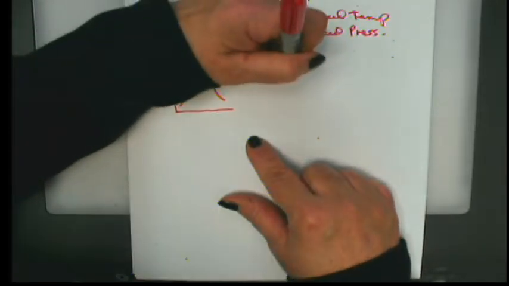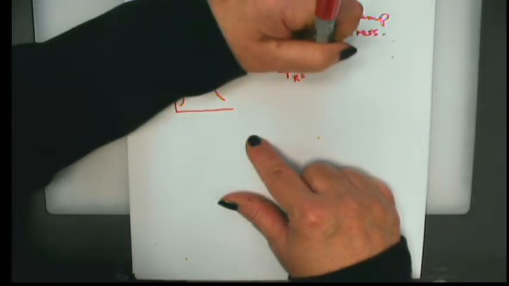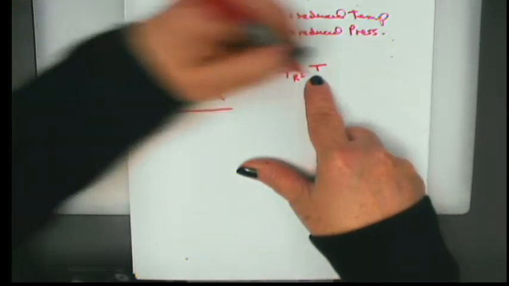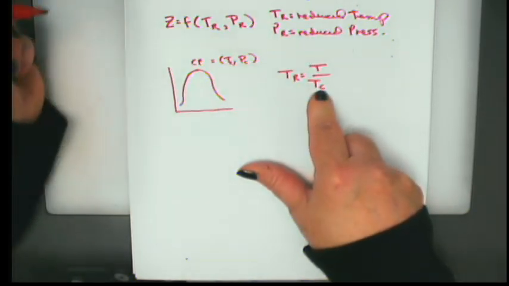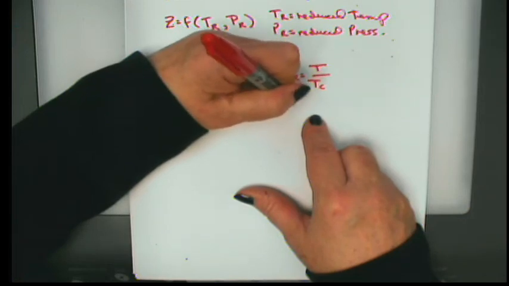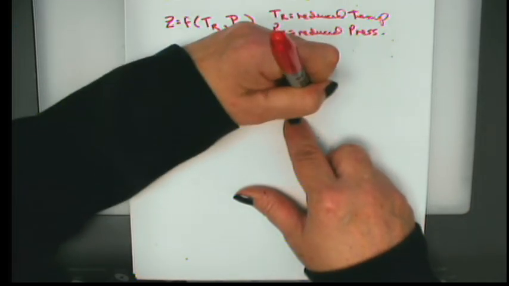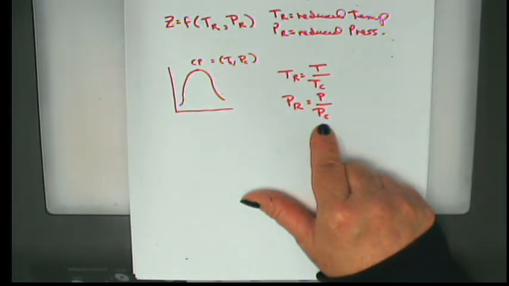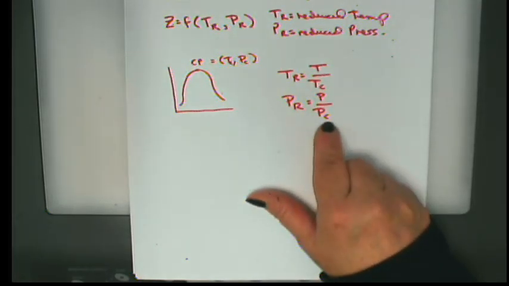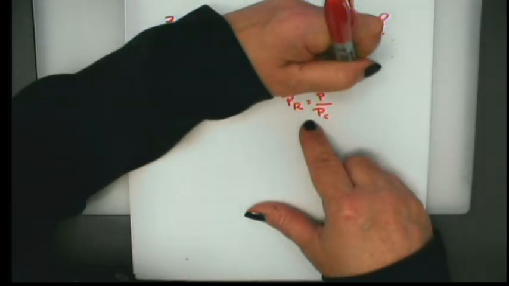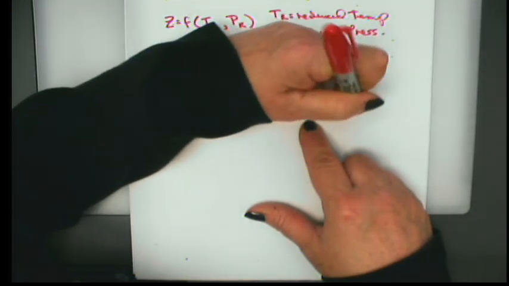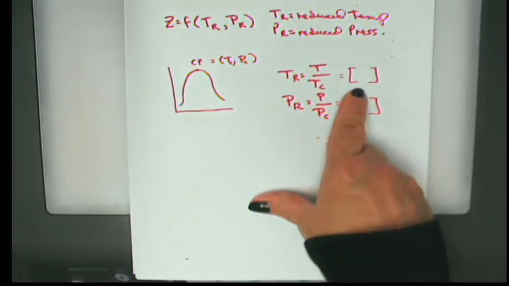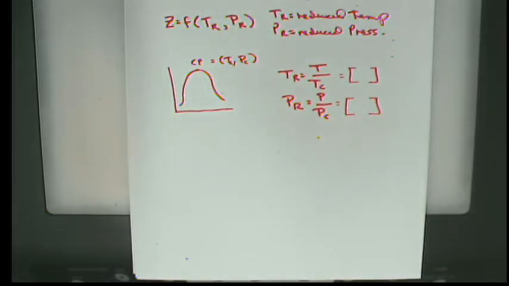So the reduced temperature is the ratio of the temperature of the gas to its critical temperature, and similarly, the reduced pressure is the pressure of the gas divided by the critical pressure of that gas. What this gives us is a ratio, both of which are dimensionless, because we have temperature divided by temperature, so units go away. Same here, pressure divided by pressure, units go away. And we will have two values.